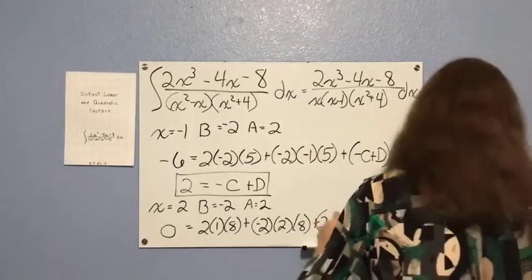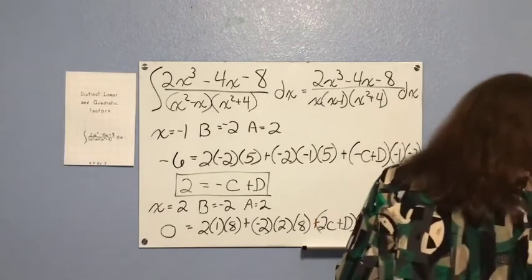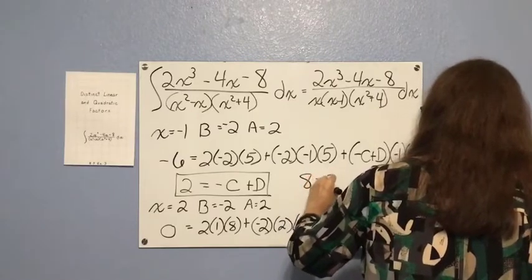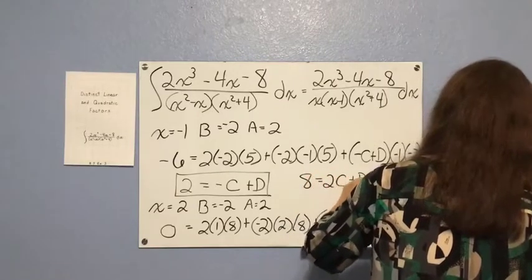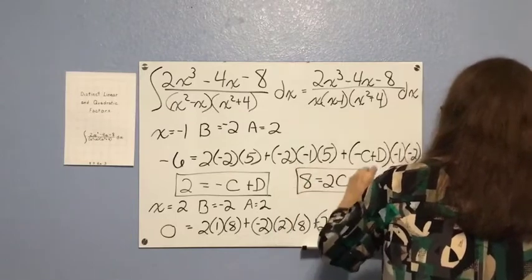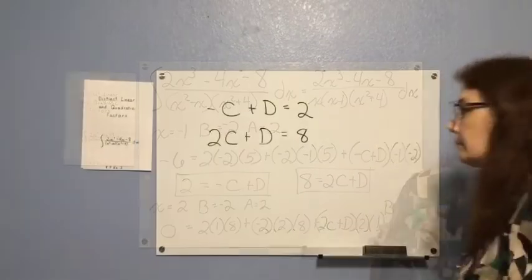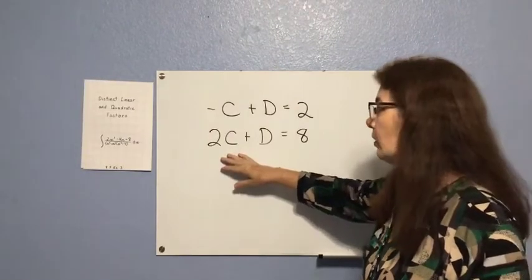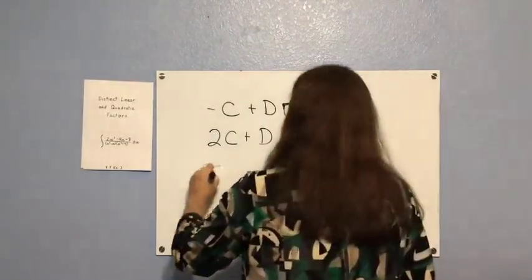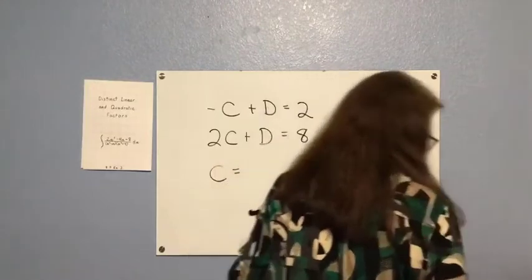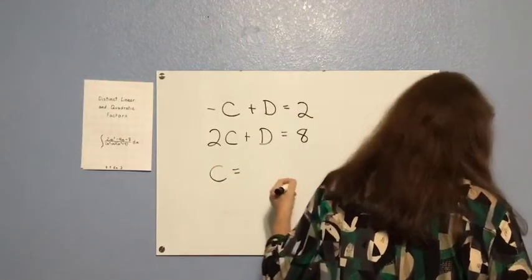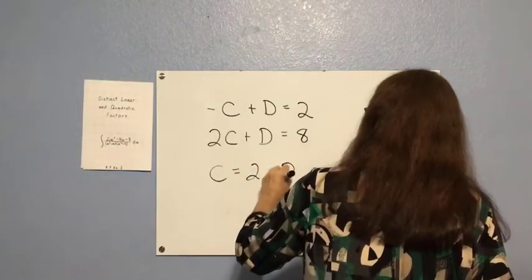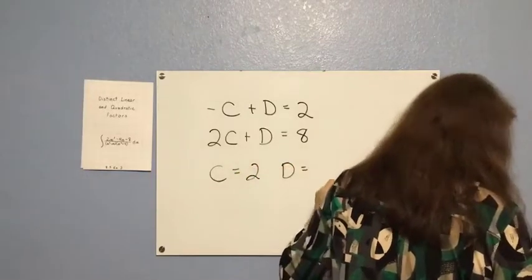Okay, and that simplifies to 8 is equal to 2c plus d. So this is the second equation for my system. With this system of equations, I can solve and find that c is equal to 2 and d is equal to 4.